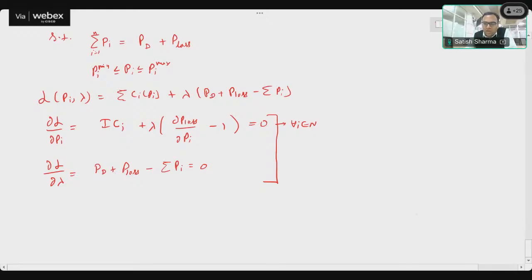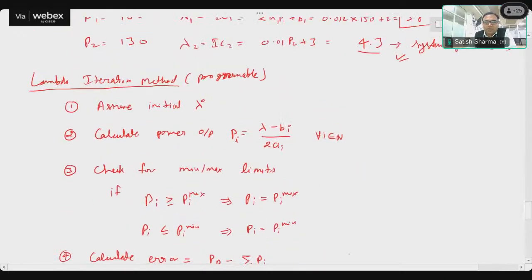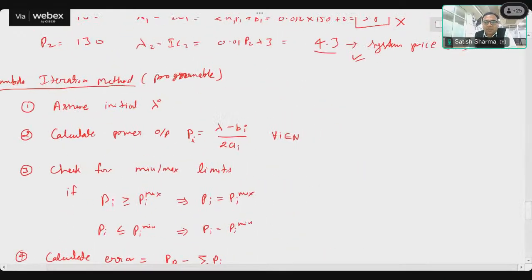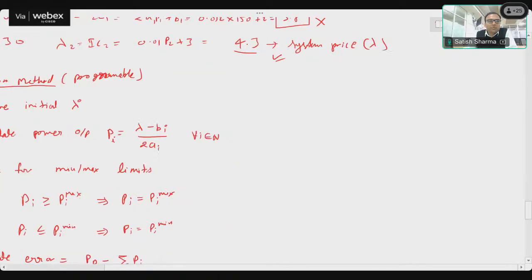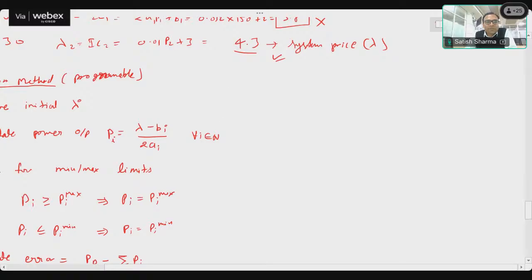So if I have to apply the same method, the lambda iteration method, I can solve it again, but I will write down the formulation differently, and I will just use the same algorithm and try to write it here. Earlier, the very first step was to assume something. So assume an initial lambda.